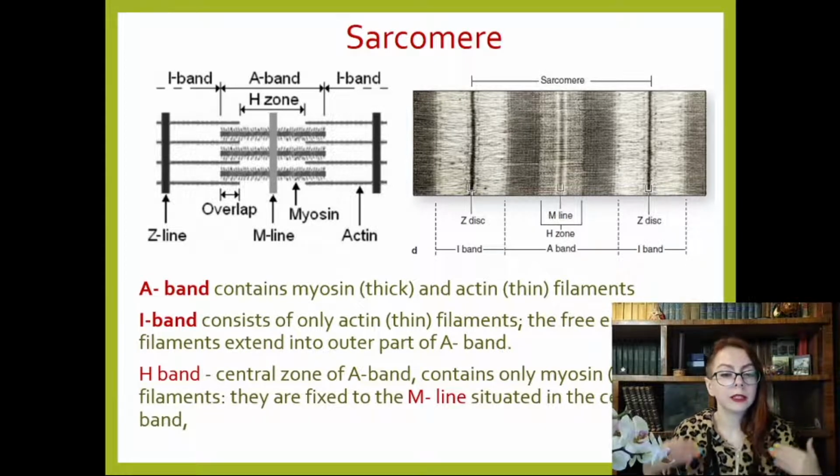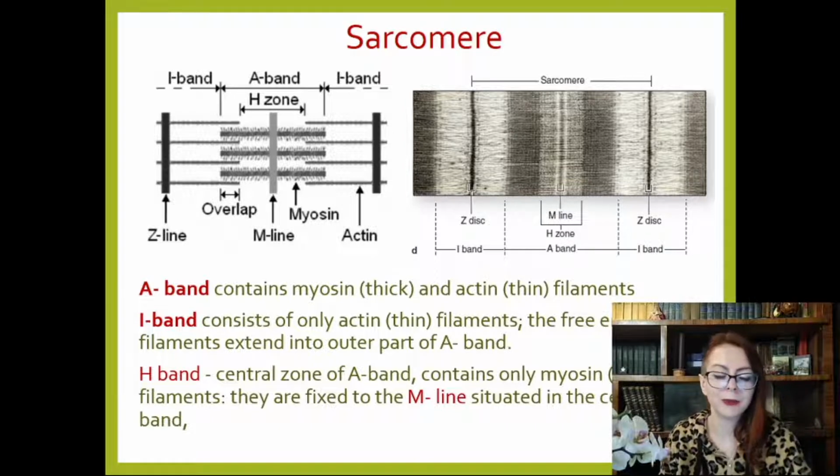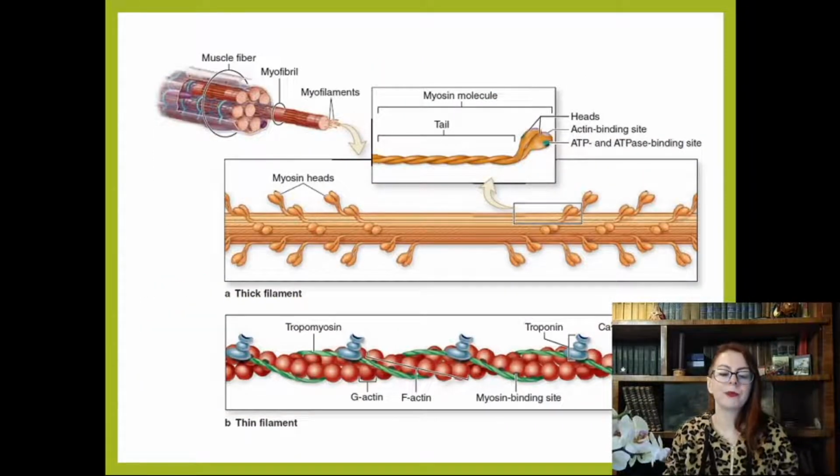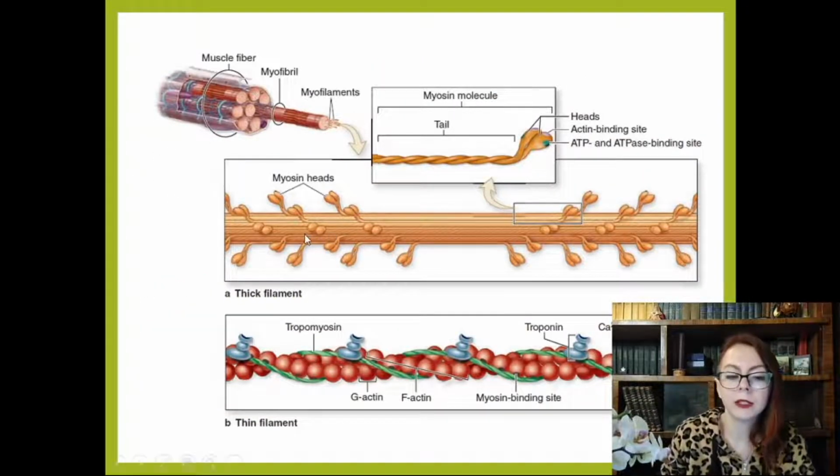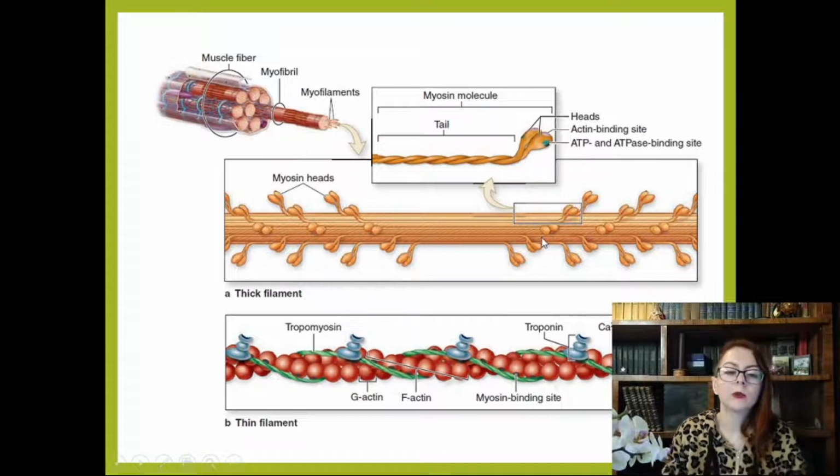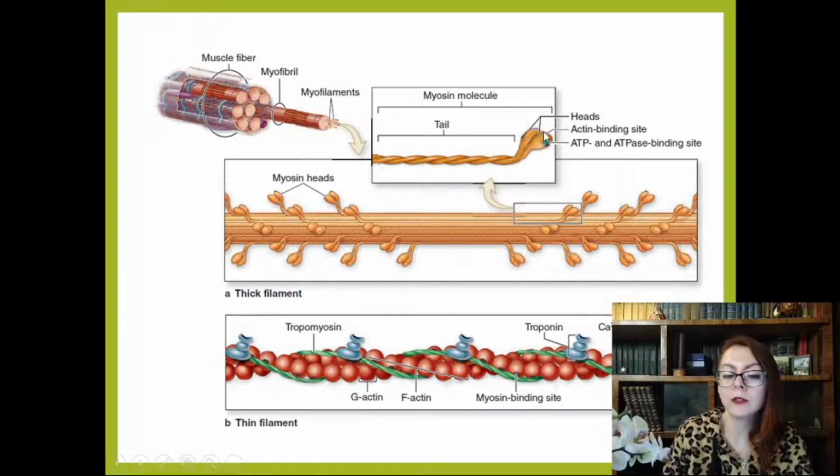And now let's investigate it in detail, because this is the oversimplified structural version. In detail, myosin or thick filaments are represented by heavy chains, which are shown here, and they are intertwisted with their tails. And in the head region, there are active sites to interact with the actin.